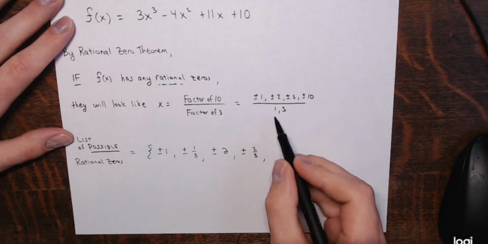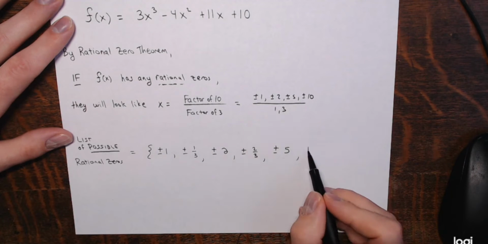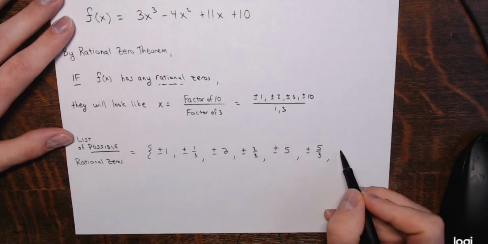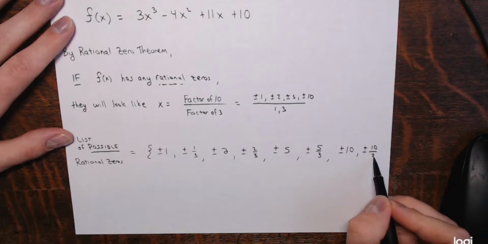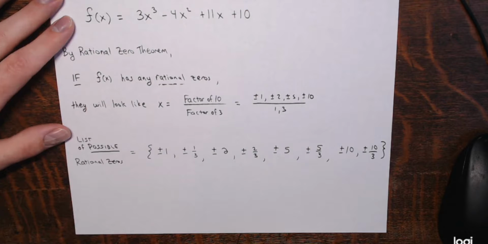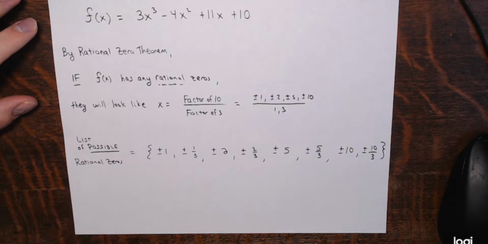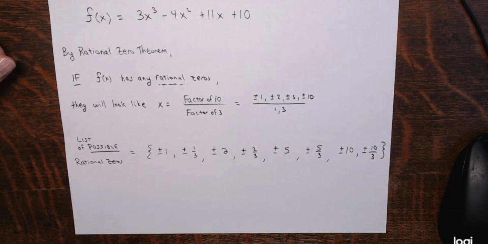And 5 over 1, positive or negative 5. 5 over 3, positive or negative 5/3. 10 over 1, and 10 over 3, so positive or negative 10/3 as well. So that's a pretty big list. There are 16 different numbers on this list that we're going to check.